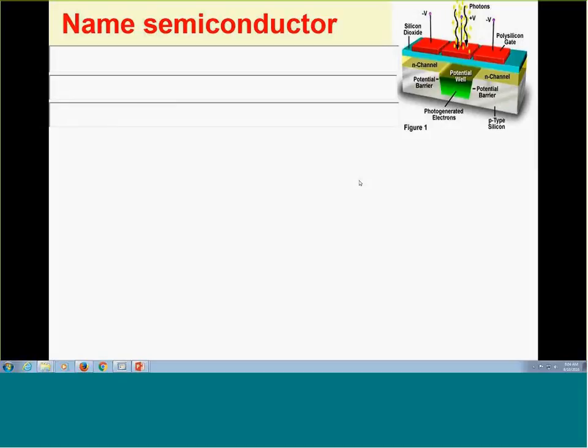Ismarul, are you there? And Ifa, are you really there? I didn't see. Okay, since your computer is on, oh, I'm here. Okay, Ifa, name any semiconductor that you know. Example of a semiconductor. Of course, there's silicon, isn't it? Apart from silicon?